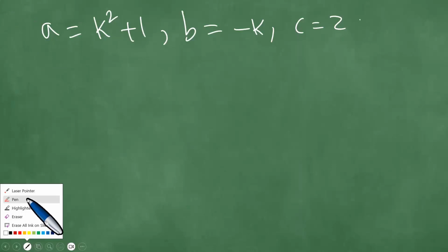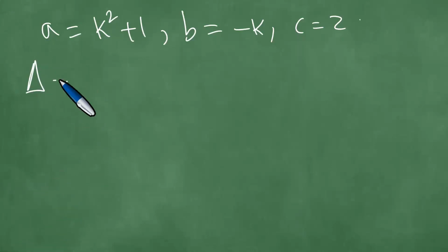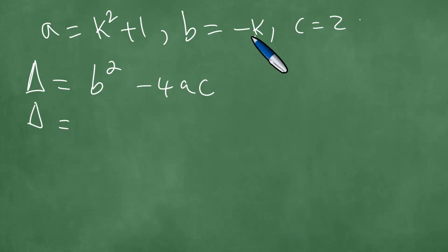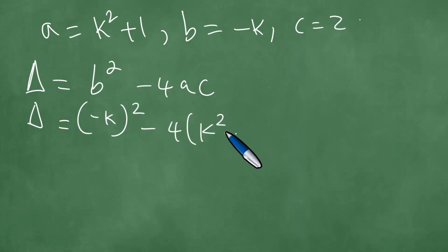So then what we're getting here is that delta is B squared minus 4AC. What is B? B is minus K. Minus 4A, where A is K squared plus 1, and C is 2.